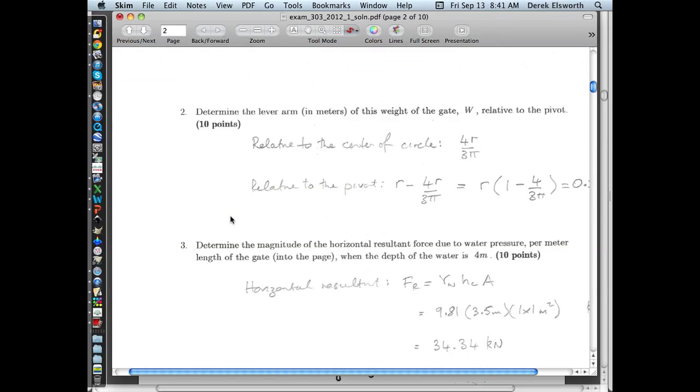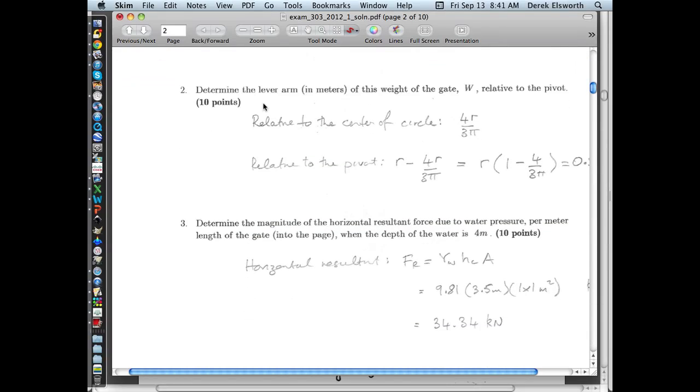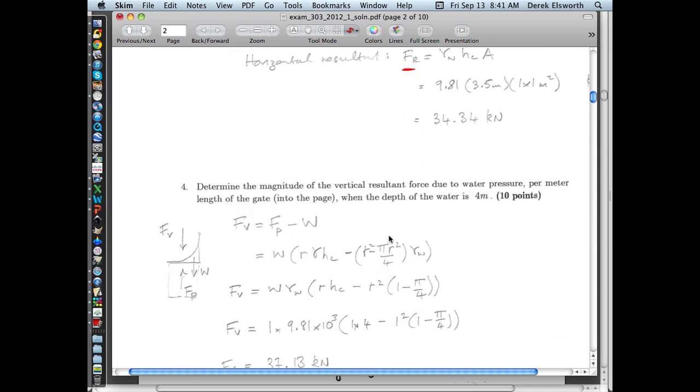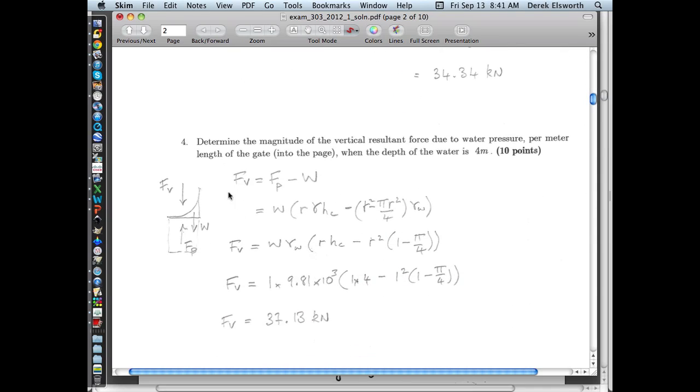You can go back to the video if you haven't got everything down. So the lever arm for the gate itself, we calculated. The horizontal resultant, we calculated. The vertical force acting upwards, we calculated. But we didn't actually calculate the resultant, right? Because what we need to do is figure out exactly what the resultant force acting on this body is.